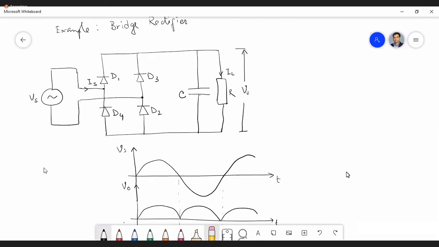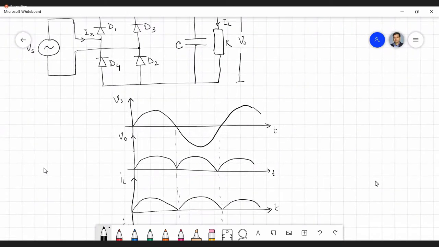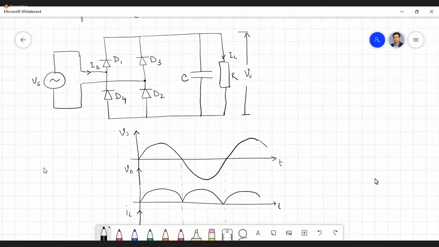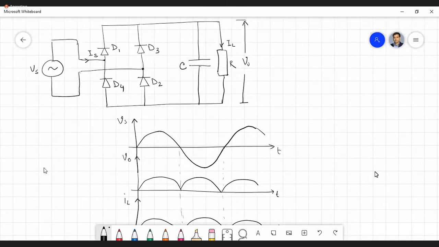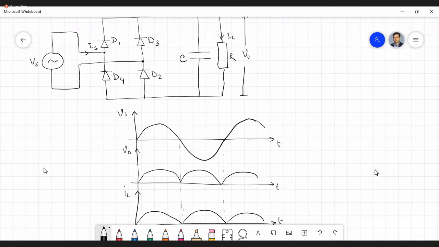No, no. Don't forget your objective. Our objective is to filter out the voltage and current ripple. So why will I use the capacitor? To eliminate which ripple should I use this capacitor?